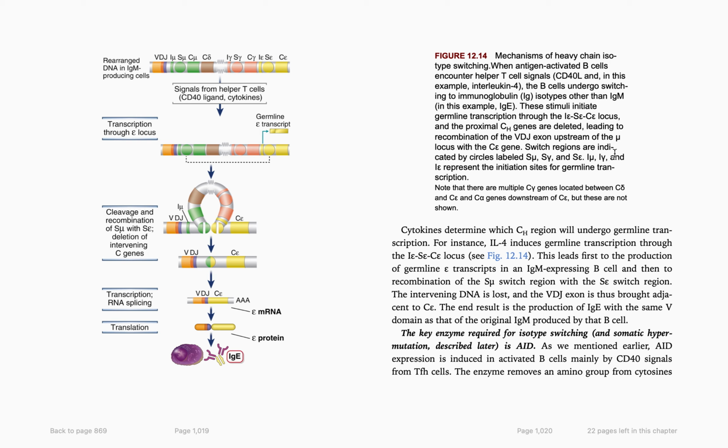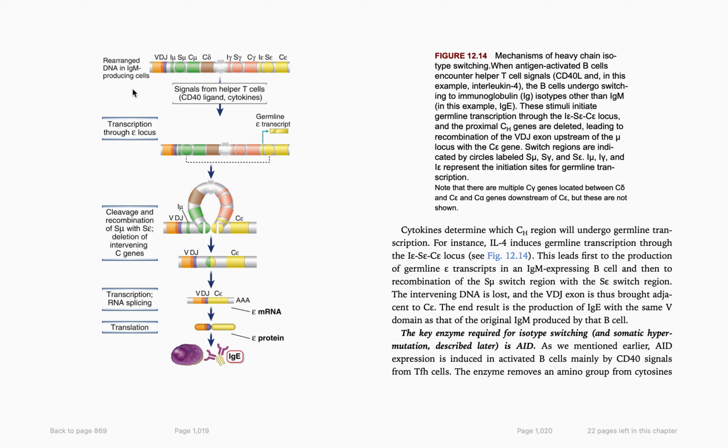Switch regions are indicated by circles labeled S mu, S gamma, S epsilon, and I mu, I gamma, I epsilon represent initiation sites for germline transcription.